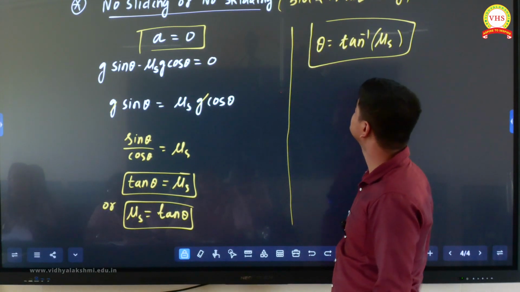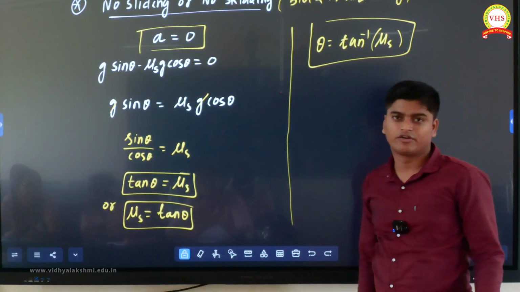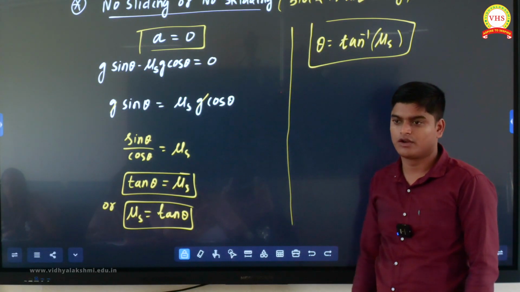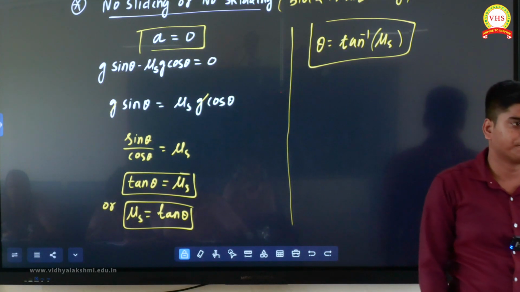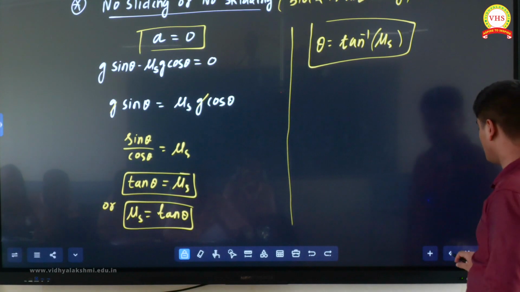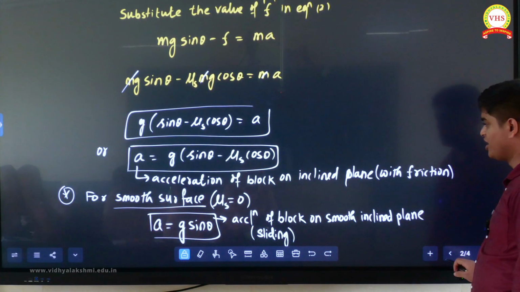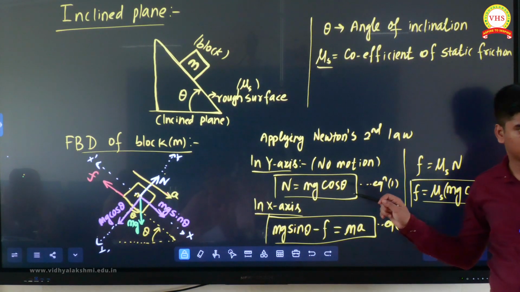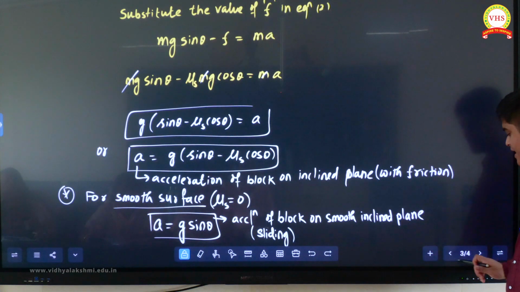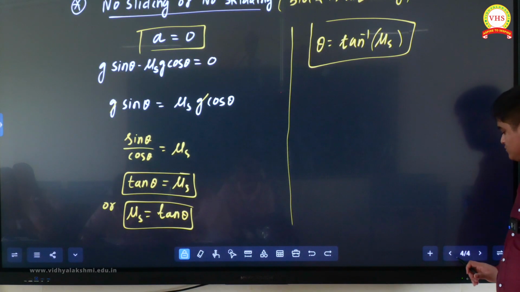This is your theta, the angle of inclination or angle of repose. Please note it down, only 4 pages. For smooth or rough inclined plane, you can find the acceleration.